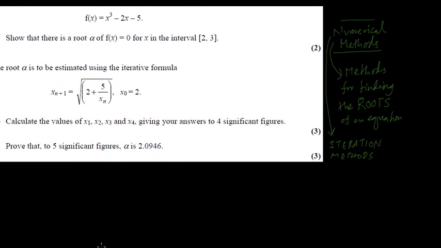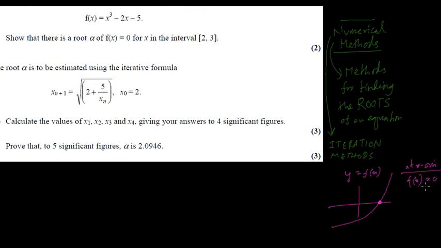Graphically it means, if you have a picture y equals f(x), and if you draw the picture, suppose it looks like this. So graphically this is the root. f(x) equals 0 means where it cuts the x-axis. Remember, at the x-axis y equals 0. So if you write f(x) equals 0 as the equation, that means at the x-axis y equals 0.